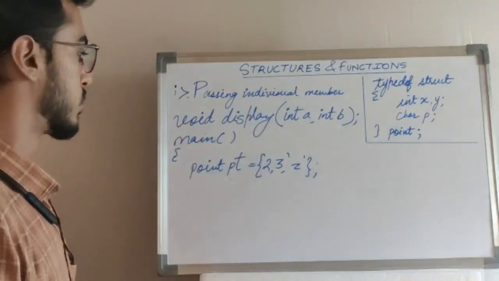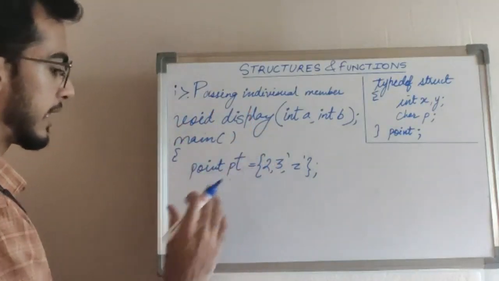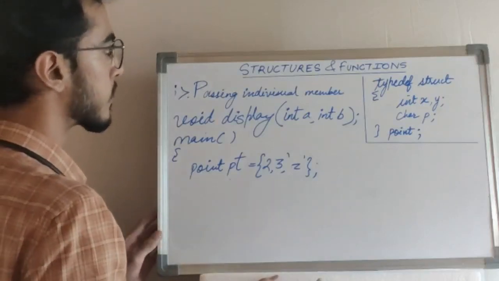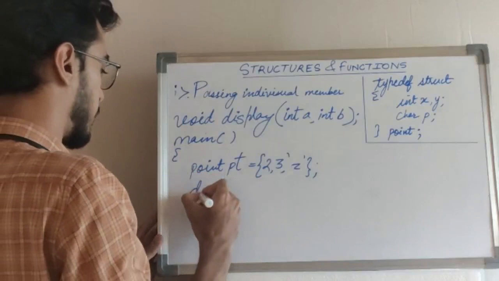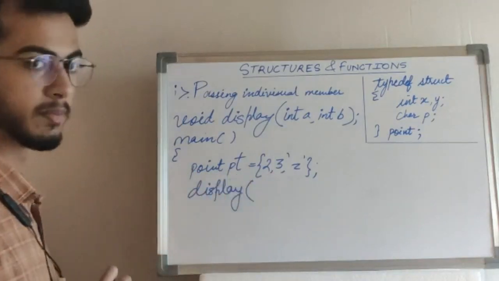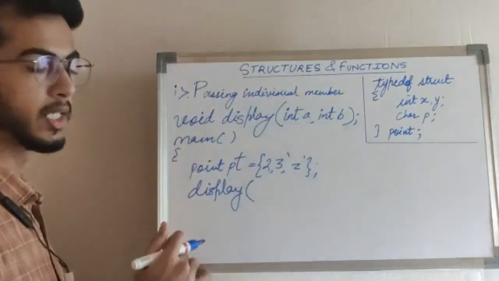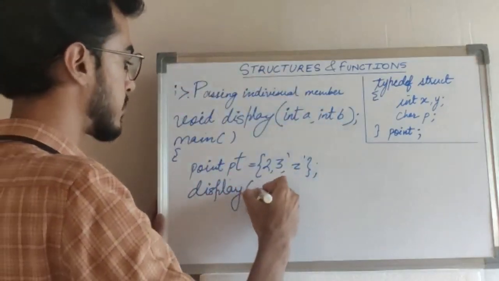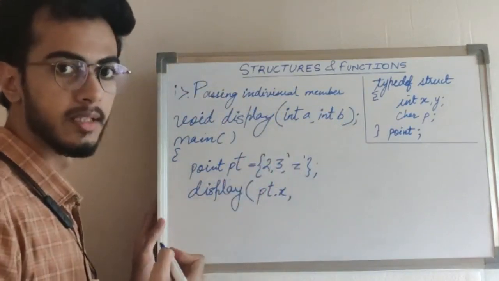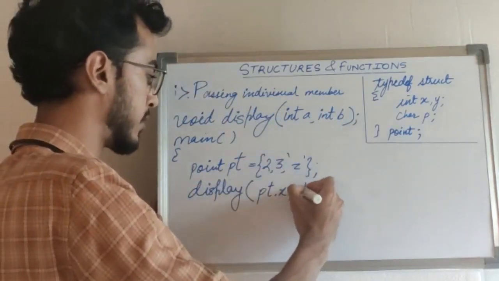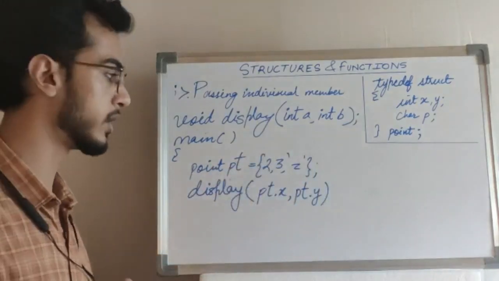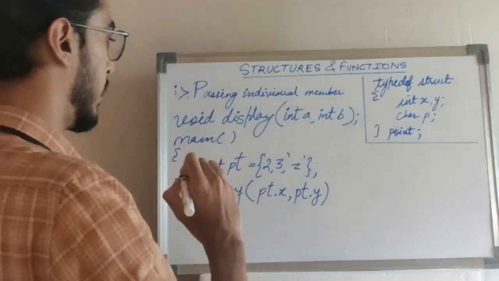Now I have created an instance. What I will do is pass the individual members to the function display. Display is going to accept two integers. So I can pass pt.x, so I'm passing the x coordinate, then I'm passing pt.y, the y coordinate of point pt.